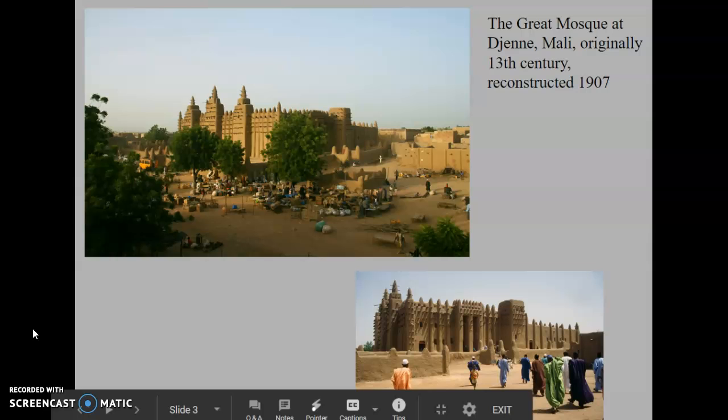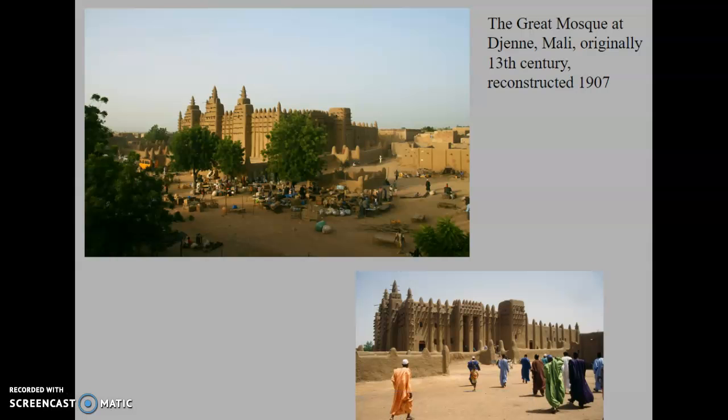However, like other religions, Islam spreads over a wide region by the end of the 15th century, and in some cases even earlier, and we see wide varieties in the types of architecture that are created under the label of quote-unquote Islamic architecture.